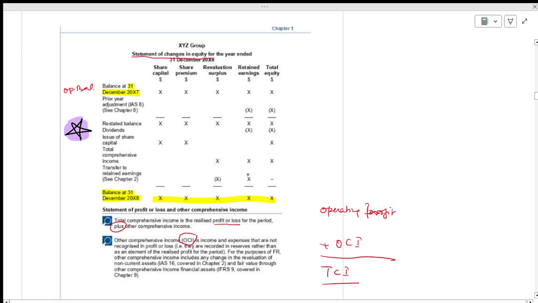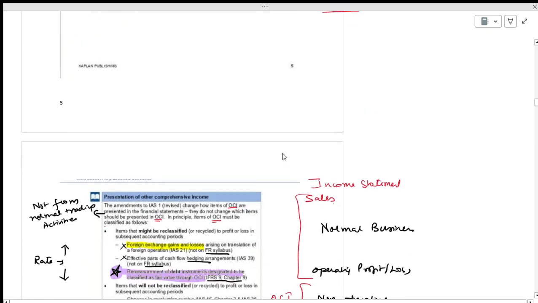Share capital plus share premium plus revaluation surplus plus retained earnings is equal to total equity. This is the total column. The opening balance will be there. Again I am repeating particulars: share capital, share premium, revaluation surplus, retained earnings and total equity.